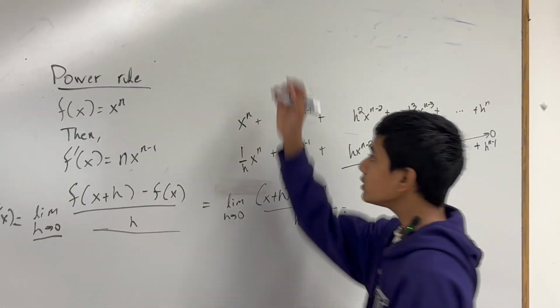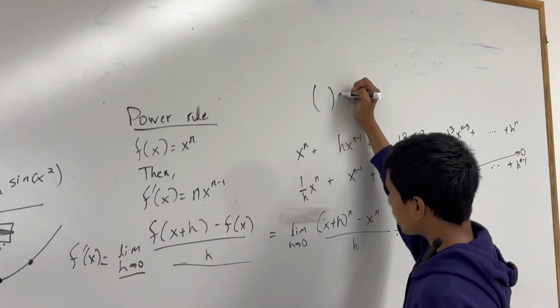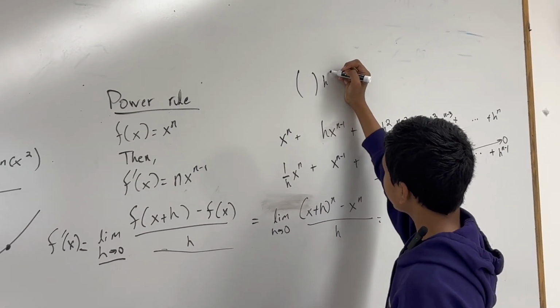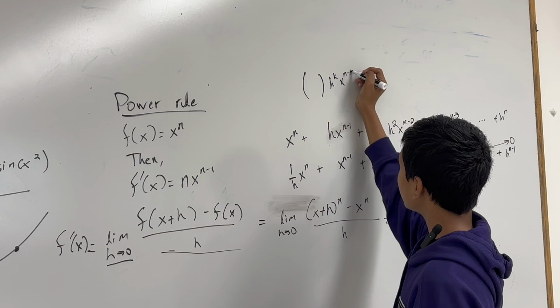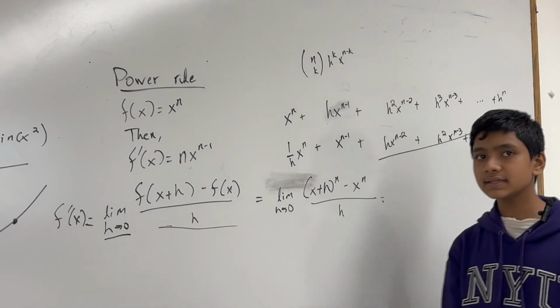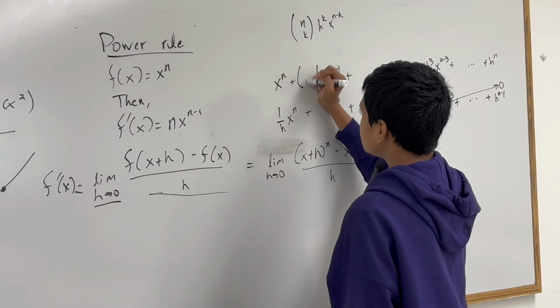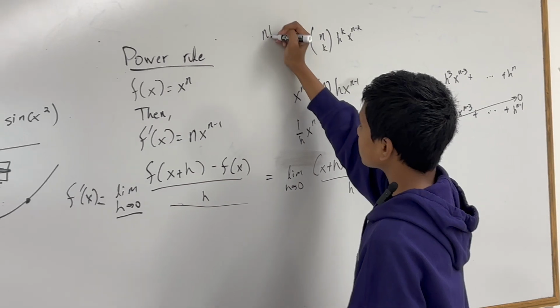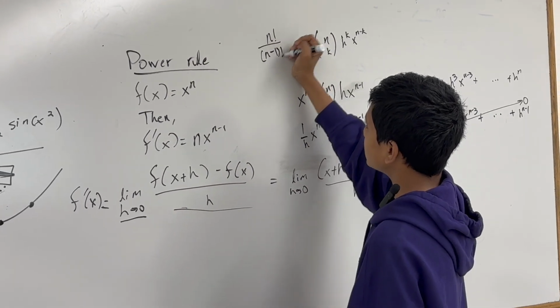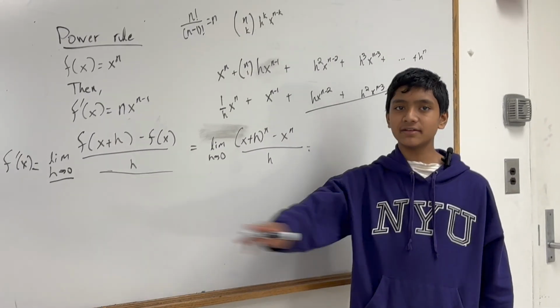We have the binomial coefficients as well, which by the theorem, each term is just going to look like h to the k, x to the n minus k, n choose k. So in this case, we have n choose 0, which is obviously 1, and n choose 1, and mathematically you can calculate that to be equal to n, but physically think of it this way. We have a set of n objects.